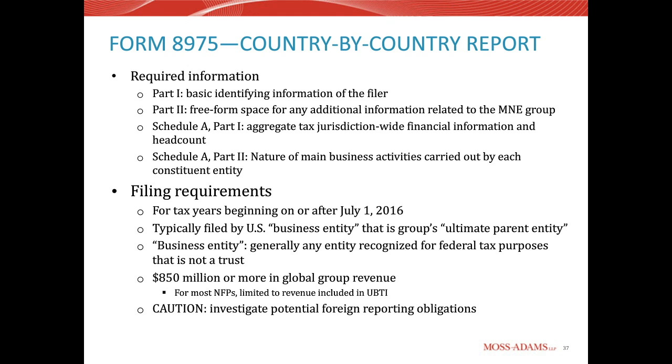The acronym that's being used is BEPS, B-E-P-S, for base erosion and profit shifting. As a result of the OECD G20 initiative, many countries are now requiring multinational businesses to submit what's known as a country-by-country report. Form 8975 is the IRS's version of that.